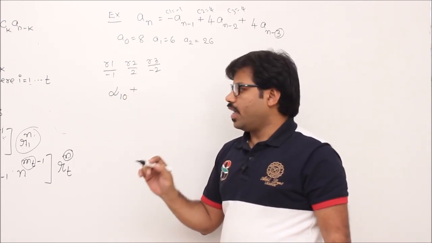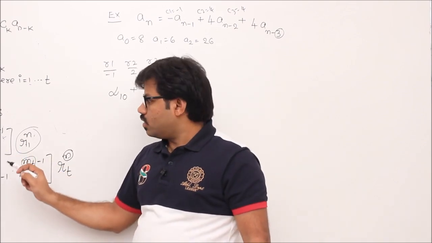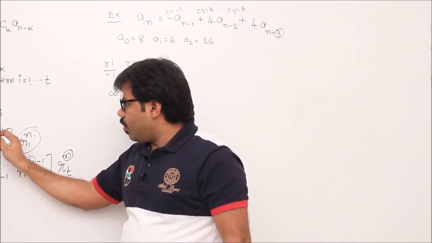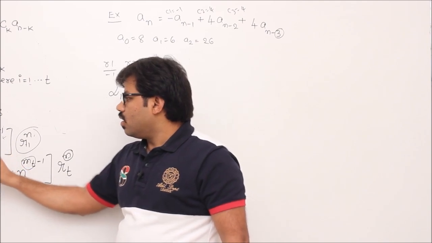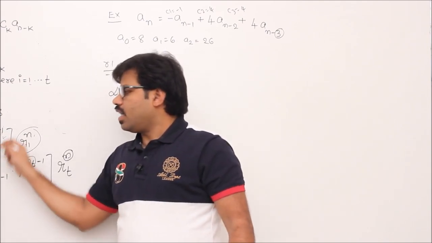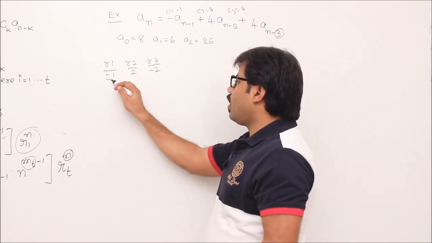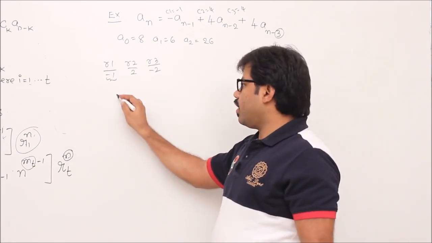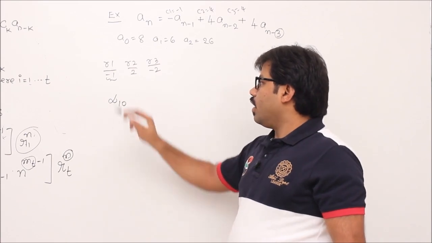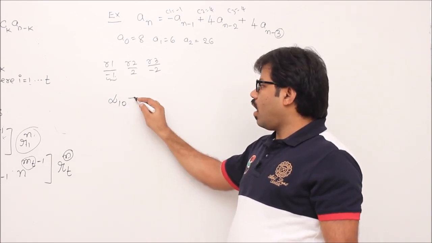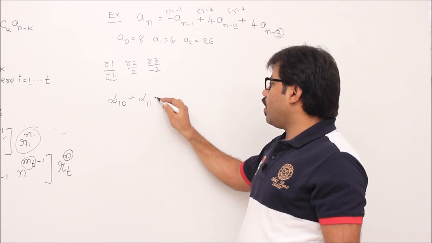How many times? If you see the expression, we have to go to the number of repetition times. That means since minus 1 is repeated one time, we should write this expression one time, alpha 1 0. If this is repeated two times, then you will have alpha 1 0 plus alpha 1 1 into n.